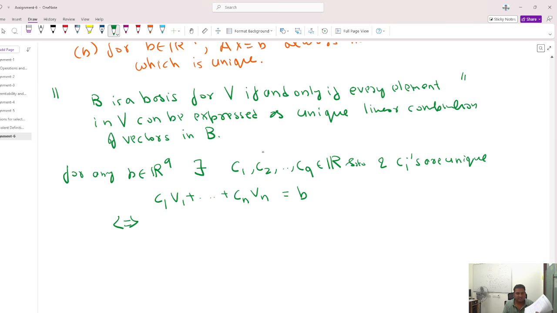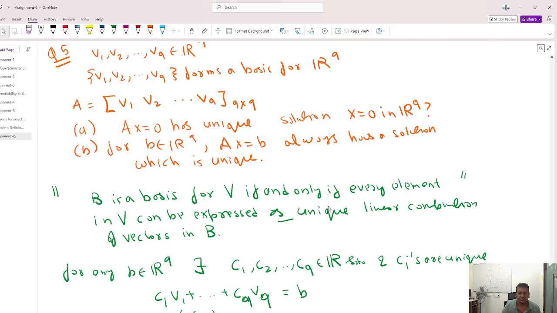That's what the statement is, and I have proved this for you. Sorry, this is not n, this is 9, my bad. So you have a unique solution. And you know, 0 you can always express as 0 into V1 plus 0 into V2 plus dot dot dot 0 into V9. So X has to be 0 in this case, right?